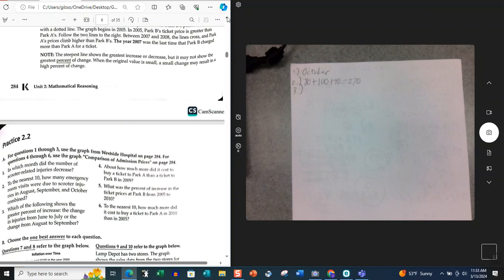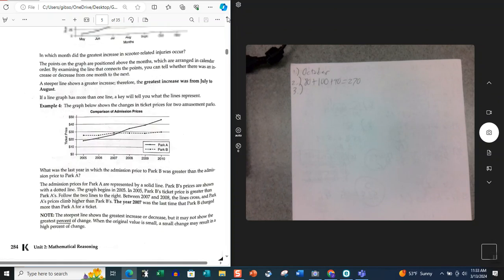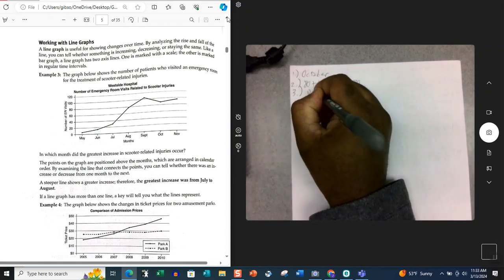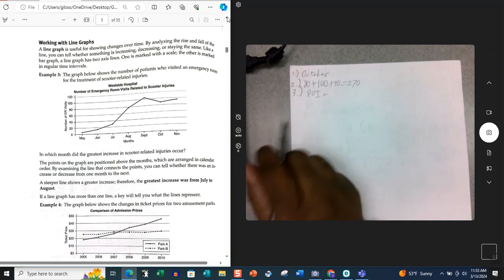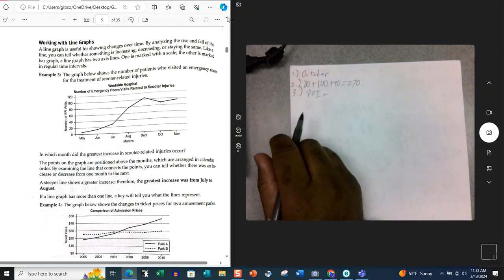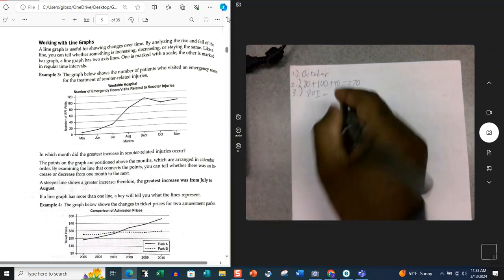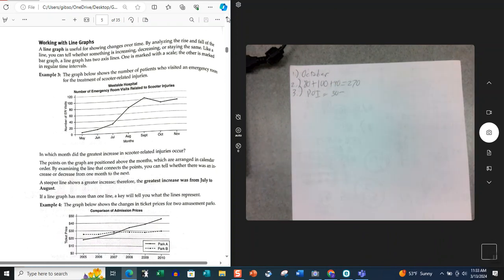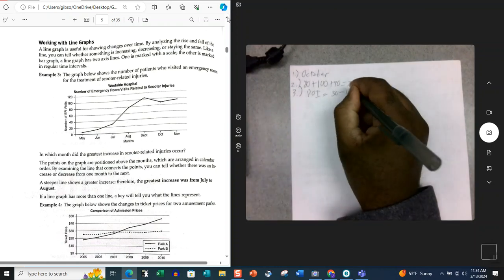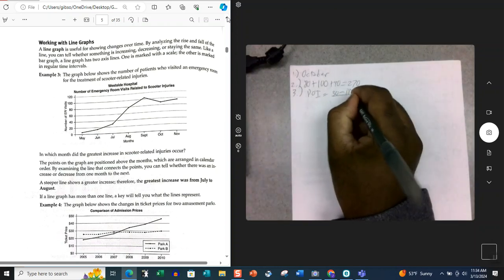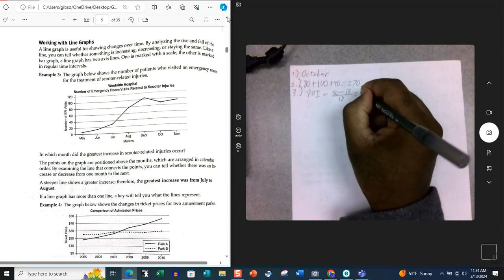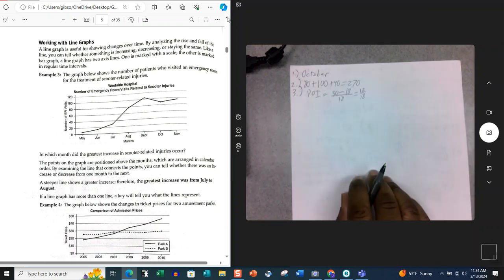So we want to do the percent of increase for June to July. So June to July, if you look here, July is approximately 30, which would be the new, and then June is the old, so we will look at that about 18, all over 18. So 30 minus 18 is 12 over 18.